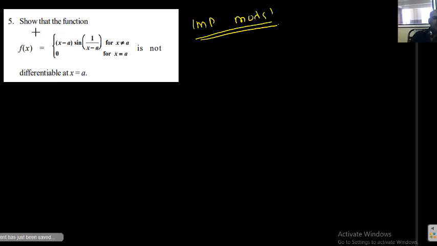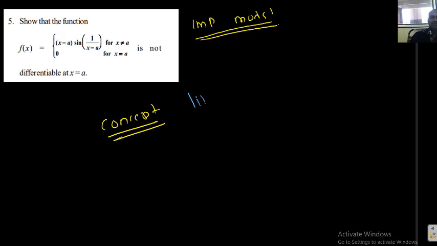Show that this function is not differentiable at x equal to a. Concept: the limiting value of sine 1 by x as x tends to 0 does not exist.